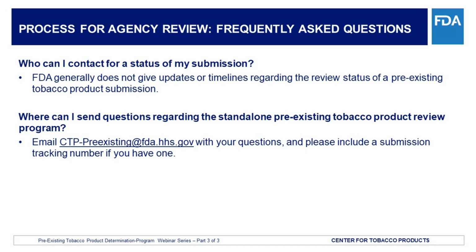Please note, FDA reviews the submission to determine if it meets the definition of a pre-existing tobacco product. During this process, FDA generally cannot provide a specific date by which the review will be completed, as FDA does not give status updates or timelines regarding the review status of a pre-existing tobacco product's review.